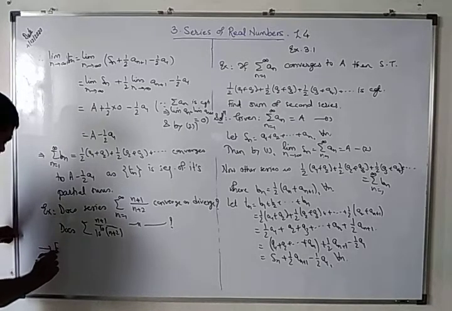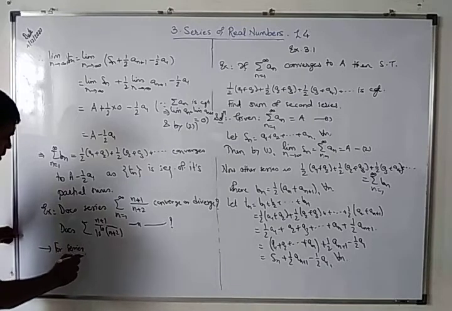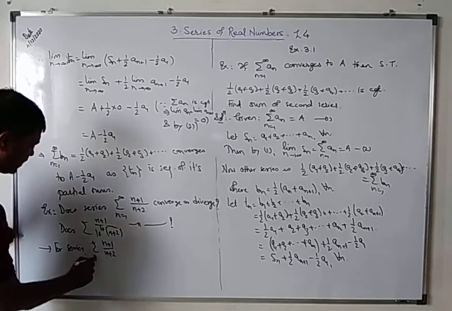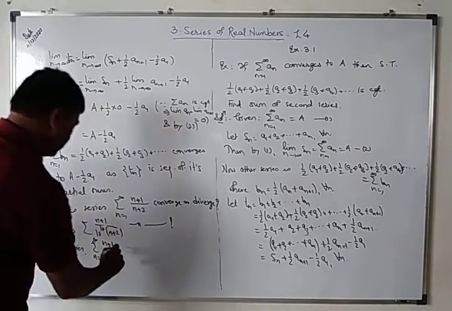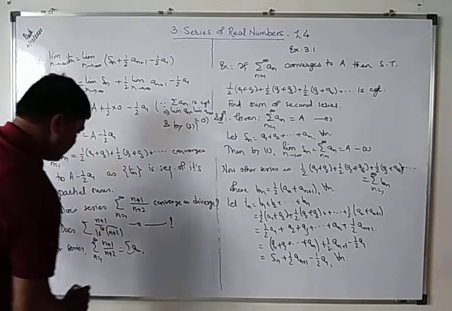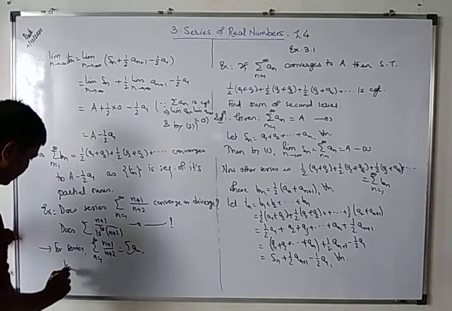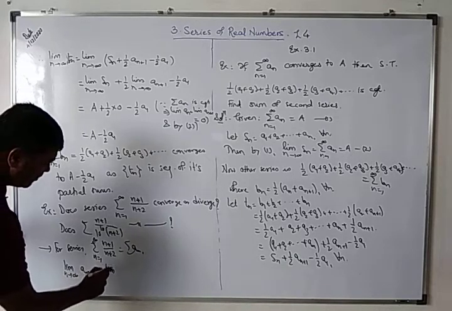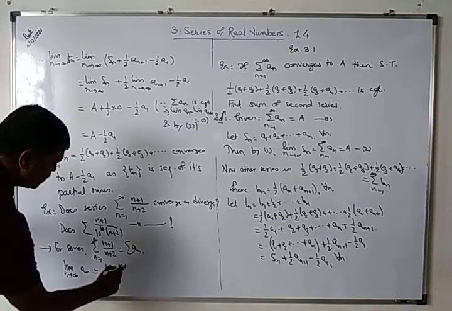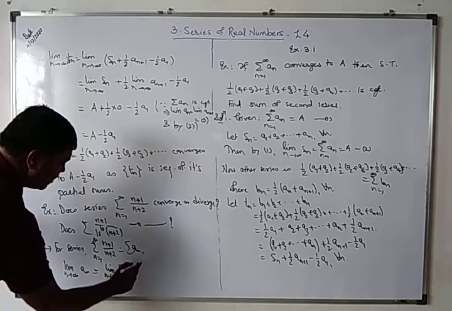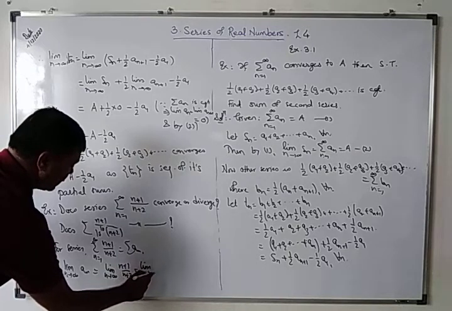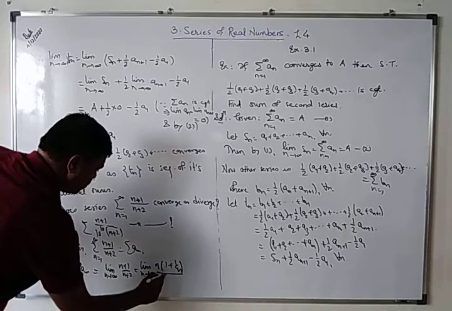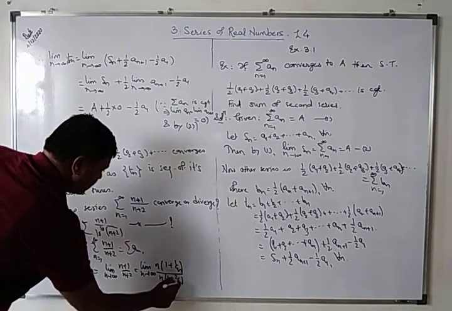So for the series summation n equal to 1 to infinity of (n plus 1) upon (n plus 2), if I take the limit of a_n, what will we get? Limit n tends to infinity of the nth term, (n plus 1) upon (n plus 2), is limit n tends to infinity, by taking n outside, of (1 plus 1 upon n) upon (1 plus 2 by n).